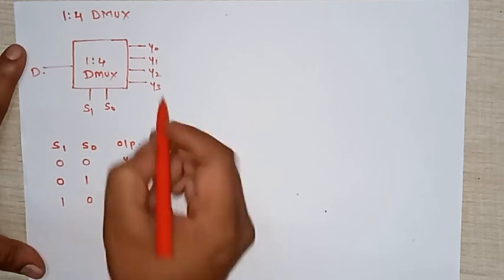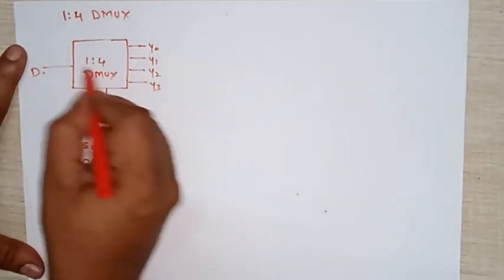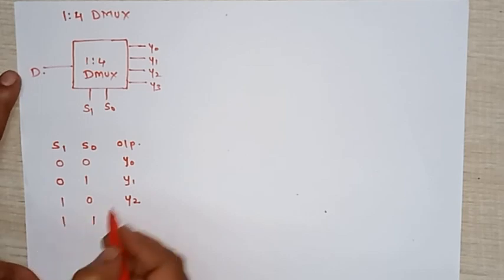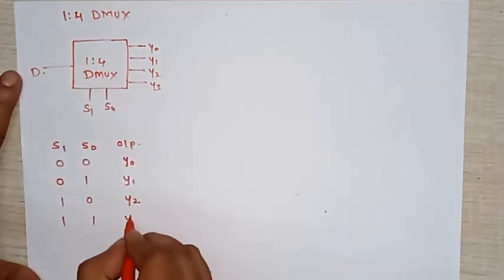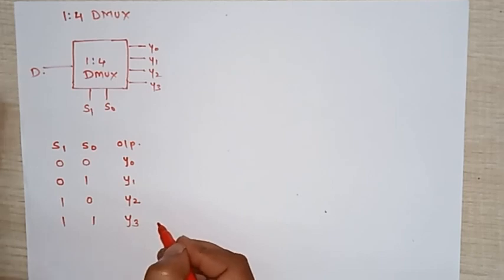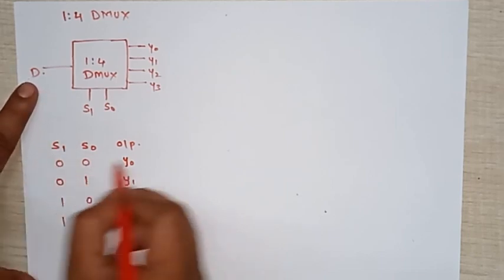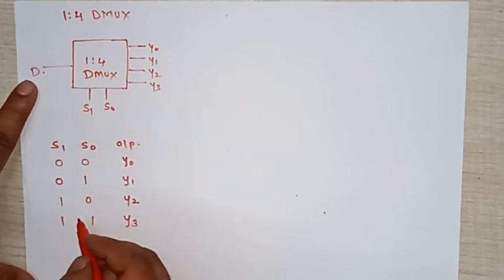For 1 0, Y2 is connected to D, so here the output is Y2. And for 1 1, Y3 is connected to D, so the output is Y3. So this is the simplest working truth table of this 1:4 demux.